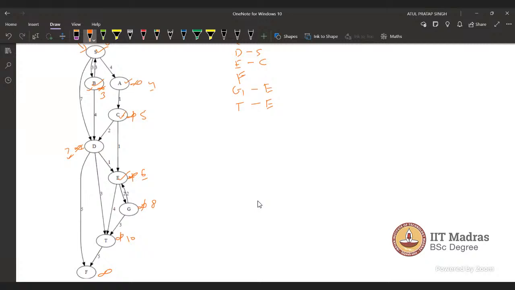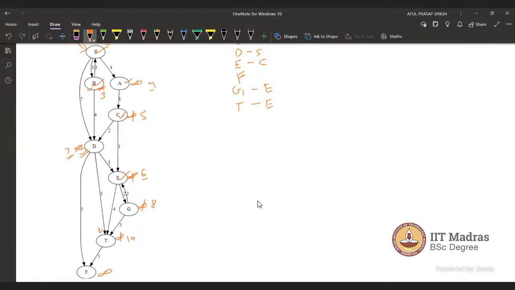Now we will select the node. The minimum distance is 7, 8, and 10, and infinite. So we will select D. From D we can move 7 plus 1, 8 to E, but it has 6 only, so we will not update it. We can move 7 plus 3 to T. Now 7 plus 3 is 10, so it is similar, so we will not update this.